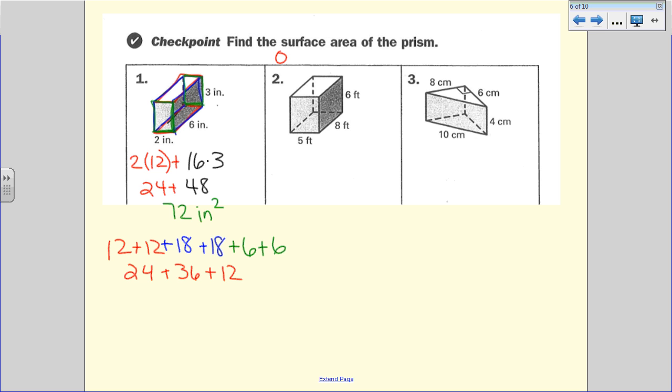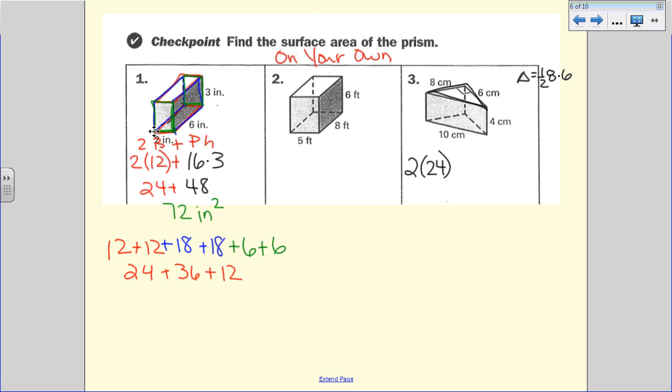This one you're going to do on your own, using either formula, the 2B plus P times H, or calculating each surface separately. If we take a look at number 3, our bases are triangles. So I've got 2 times the area of the base. The area of this base, because it's a triangle, is 1/2 times the base of 8 times 6, so it's 2 times 24.